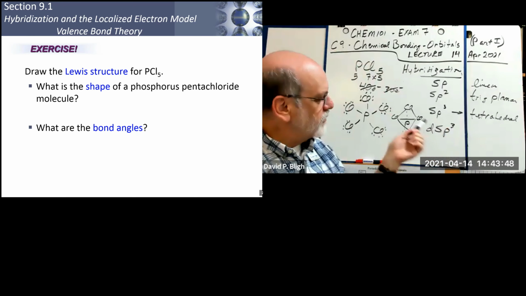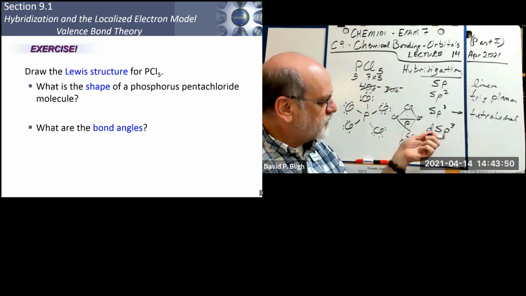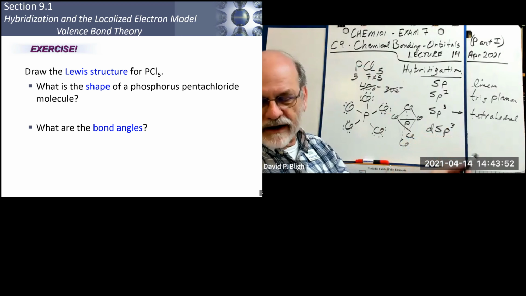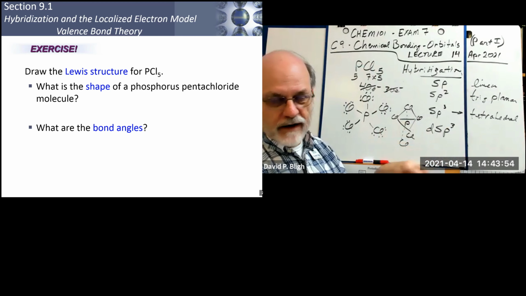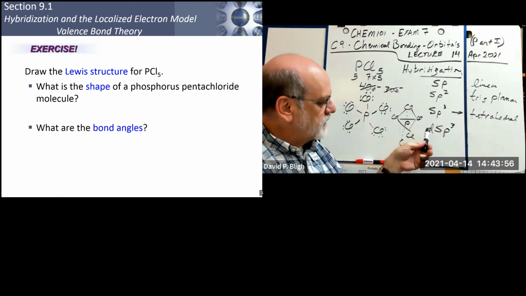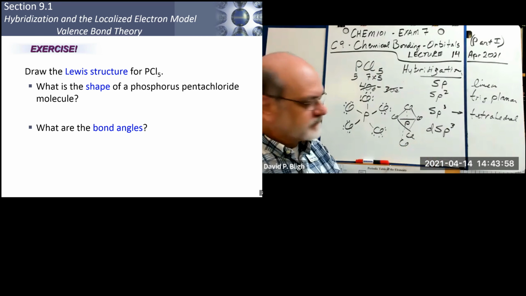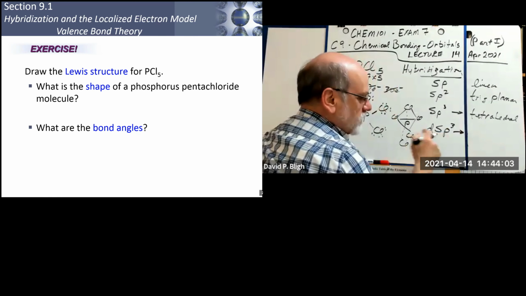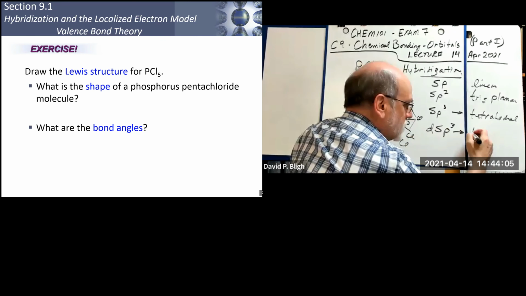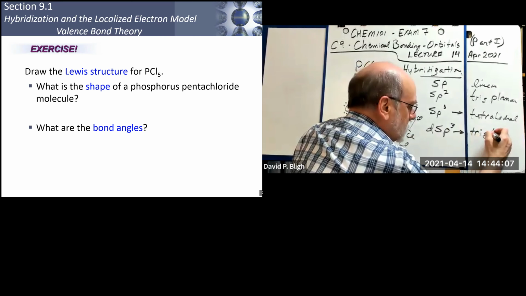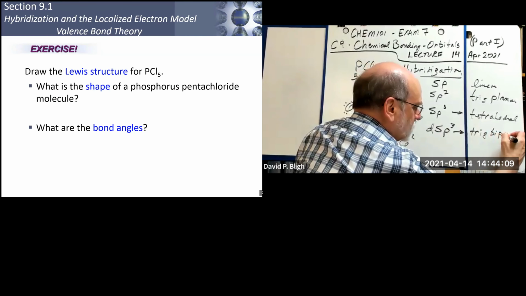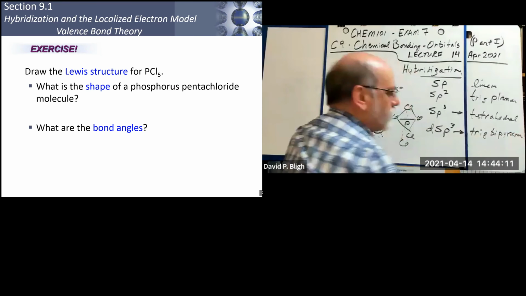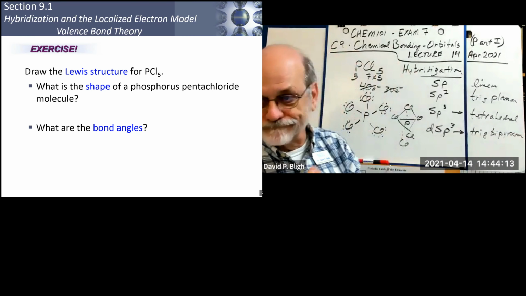Now, don't ask me why they put the d first. You would expect sp3d, but no, the way it's written in every textbook I've ever seen is dsp3. And this, since it's 5 equivalent orbitals, is always a trigonal bipyramid. Okay?